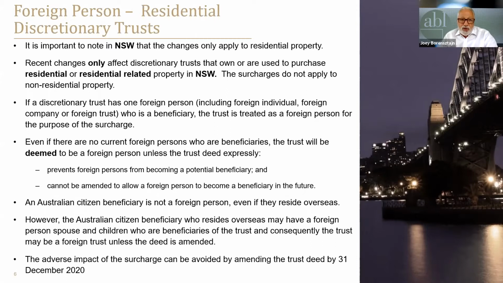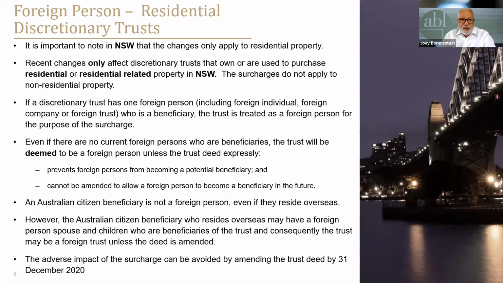If a discretionary trust has one foreign person as a beneficiary, and it doesn't matter if that's a foreign individual, a foreign company or a foreign trust, then that trust is treated as a foreign person for the purposes of the surcharge.